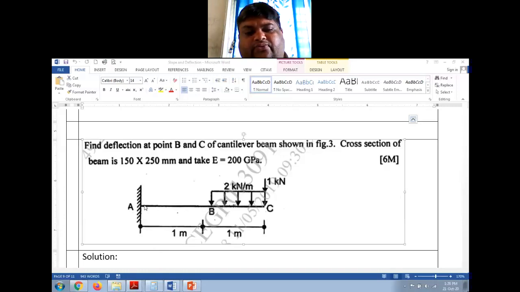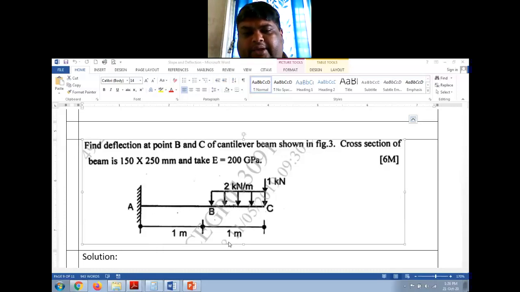Now in case of cantilevers, we should always choose a section X close to the free end, right? So in this section AB where there is no load, I have to take a section XX, and with respect to the free end, I have to find the bending moment on that section, and based on that derive an equation and integrate.